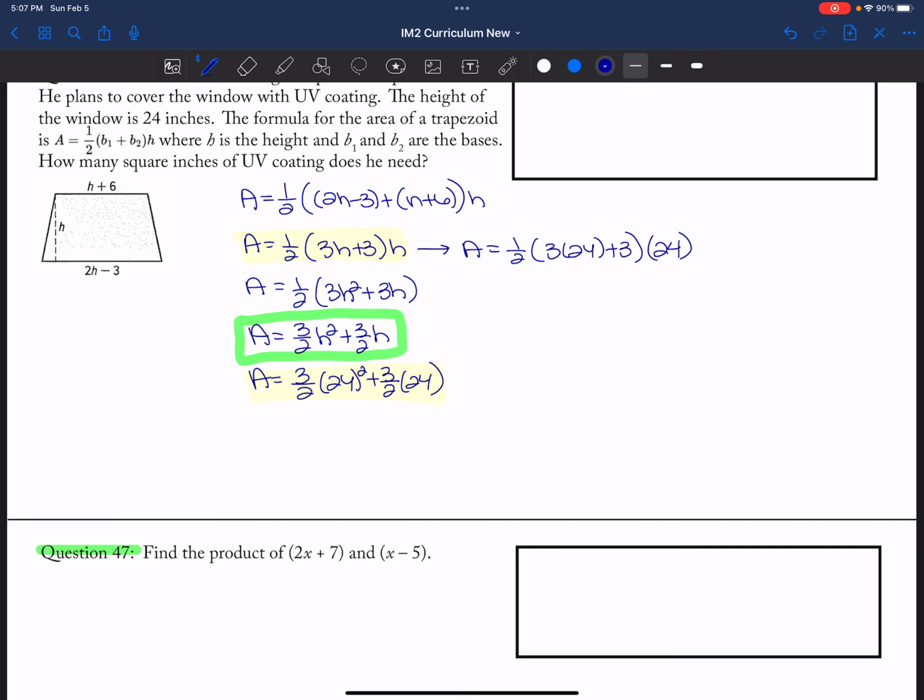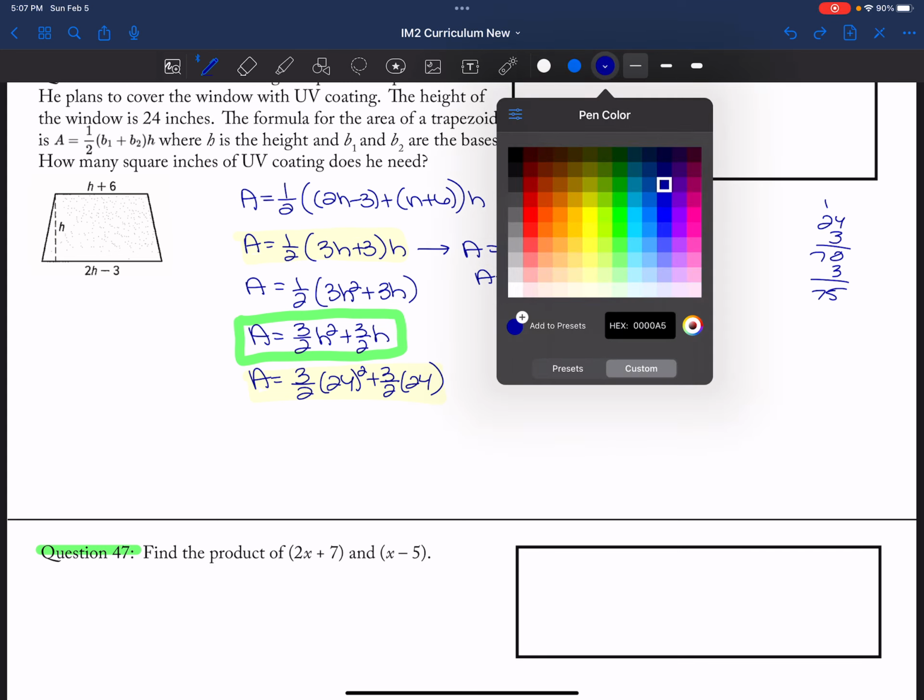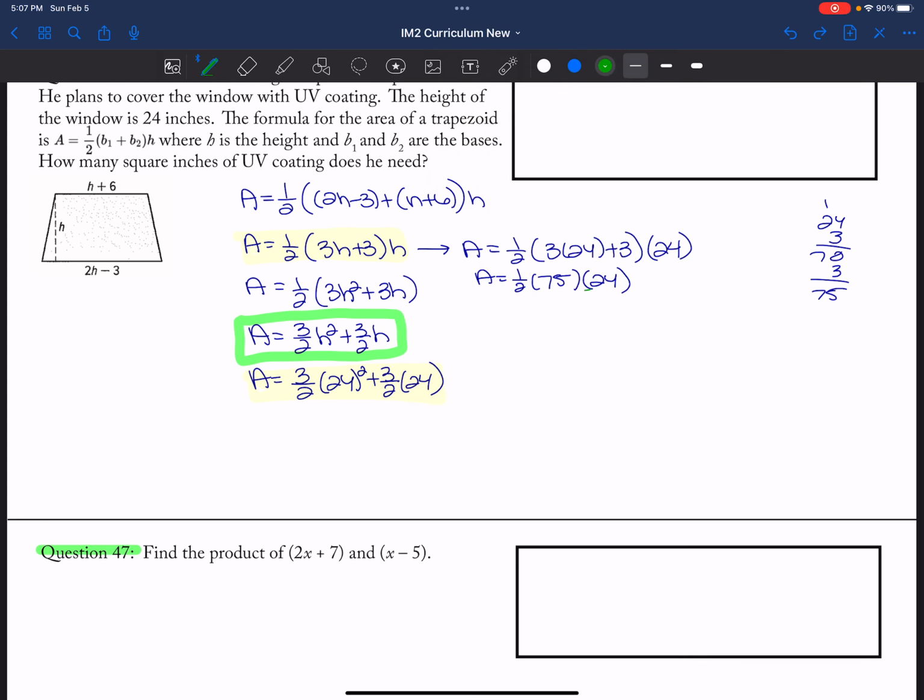So 3 times 24 is 72, plus 3 is 75. So then area is equal to 1/2 times 75 times 24. Then you could reduce, right? The 24 can reduce to 12.